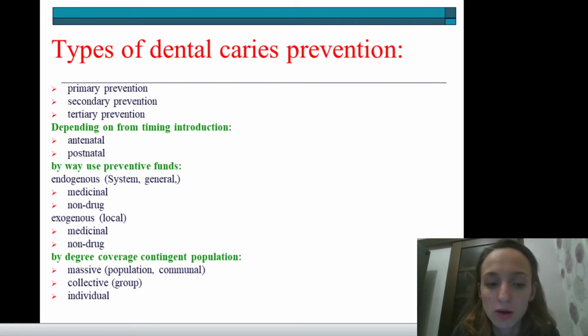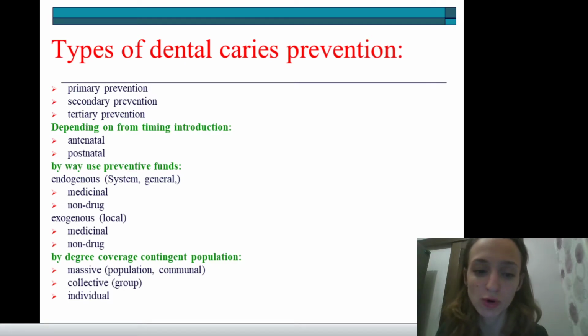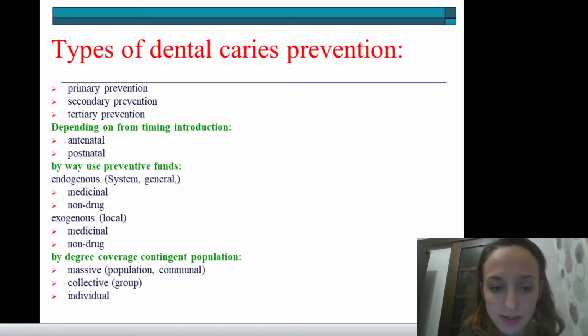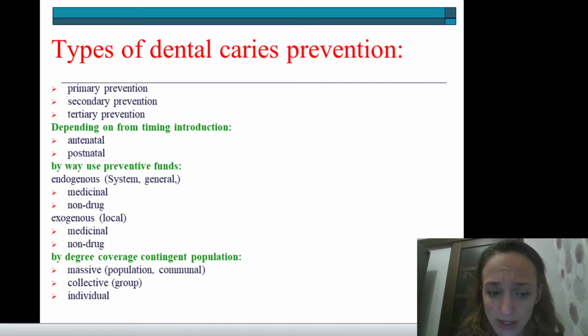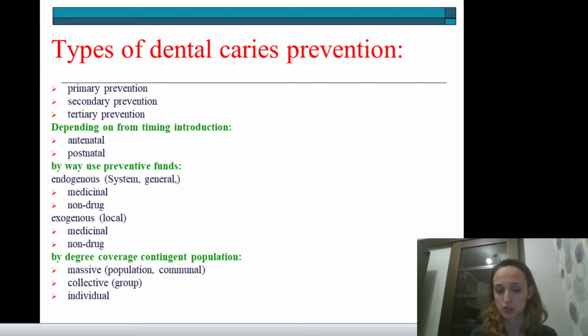By the way of using funds, it is endogenous, so systemic or general, and exogenous, so it can be local. And by the degree of coverage of the population contingent, it can be population, group, and individual prevention.